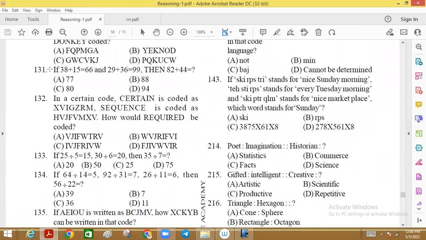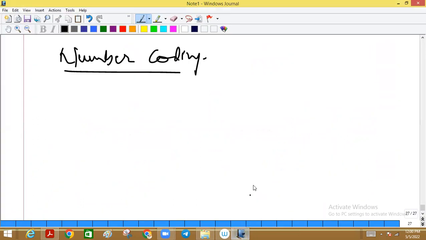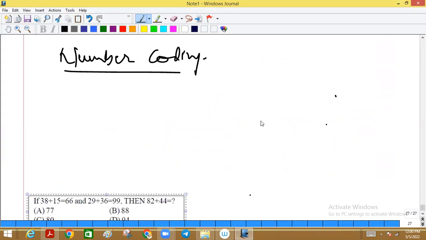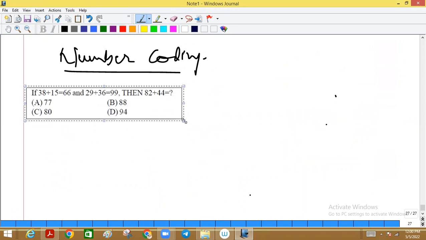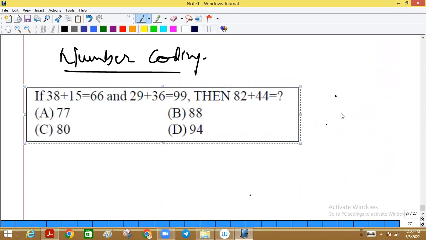Yes, we see this one. For example, in this case, if you are able to do math problems very easily, and if you are able to recognize the numbers very fast, these questions become very easy.